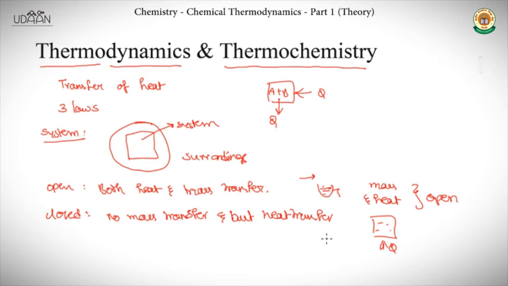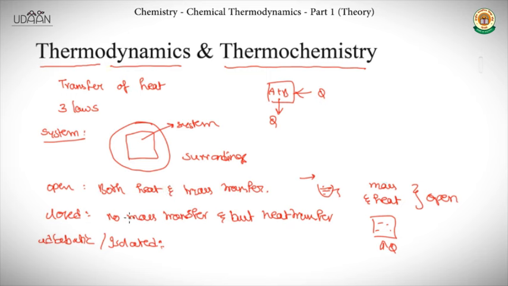And the third system is the adiabatic system. We call it an isolated system also. Actually, these kinds of systems do not exist in nature. We just assume that they exist. It is not practically possible to have an adiabatic system. In the first one you have both mass and heat transfer.